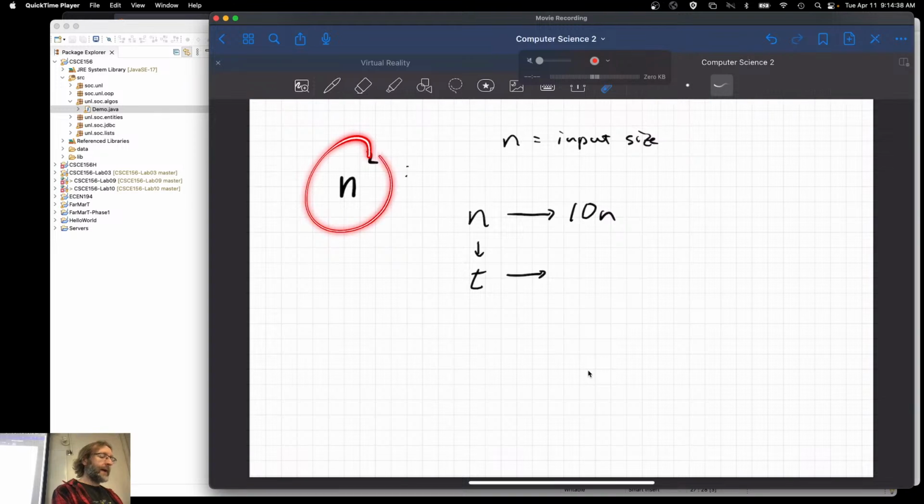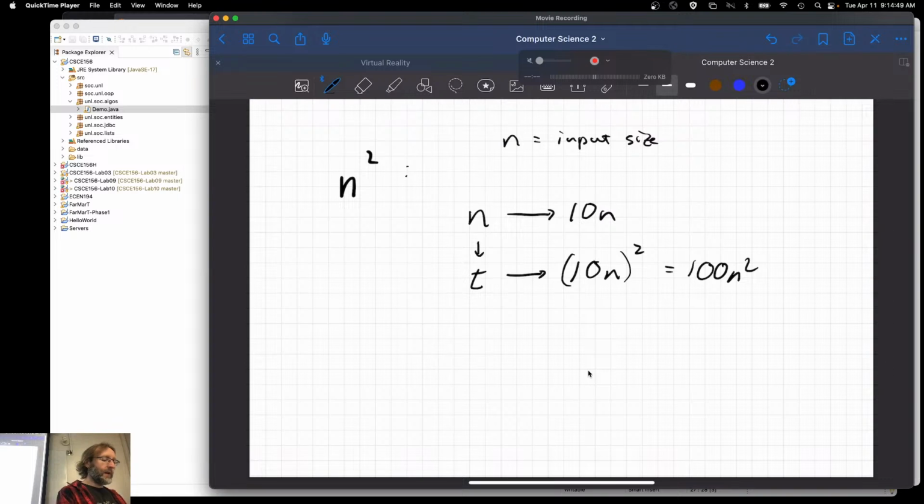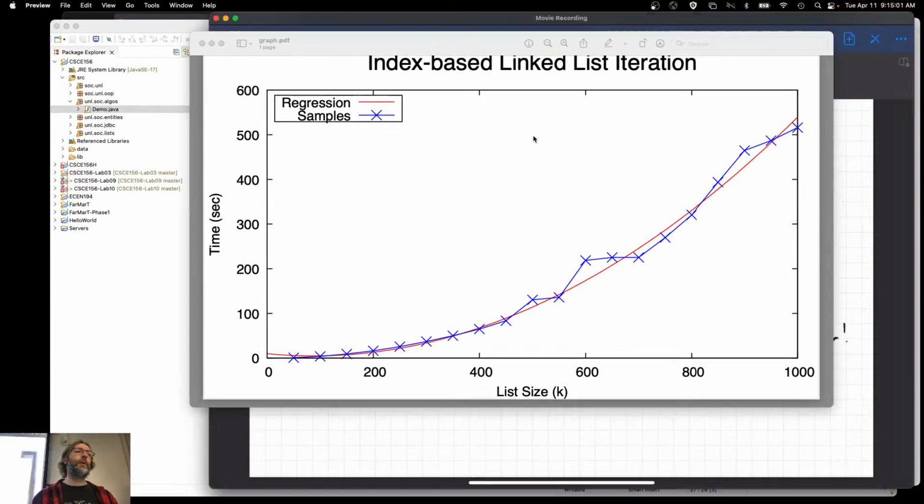If this is capturing my notion of time, it's going to be 10 times as big, all squared, which is equal to 100 n squared. And it was n squared before, so it is 100 times slower. That matches exactly our empirical analysis over here.